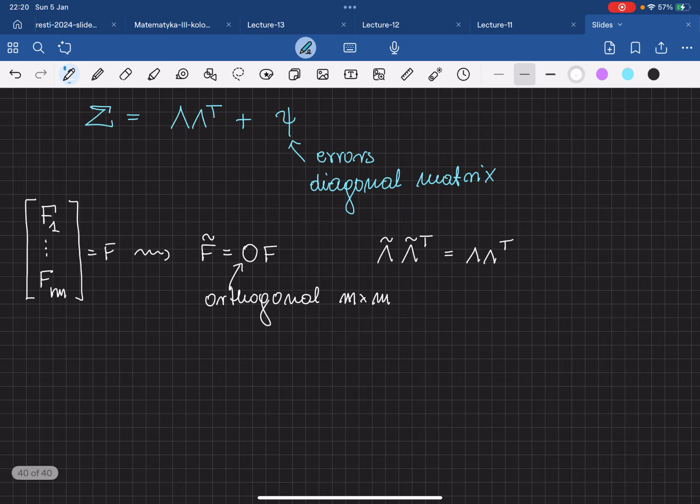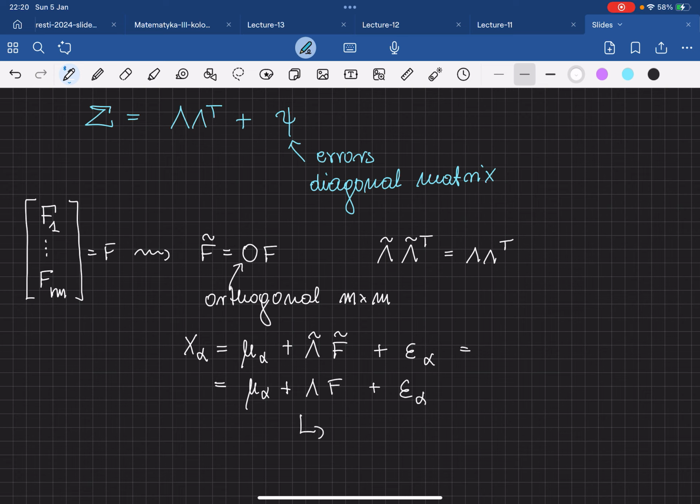Because if we keep roughly the same situation, so x alpha now is mu alpha, which is as usual, and then there is lambda tilde f tilde plus errors as before. It means that, and this is of course the same as mu alpha plus lambda f plus epsilon alpha.